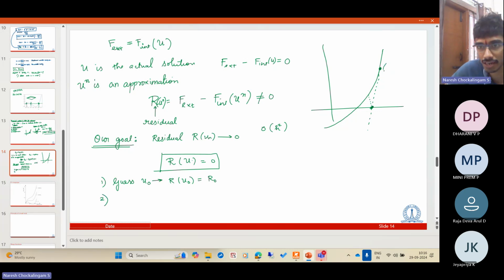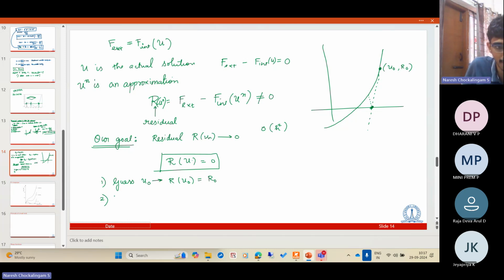Now we are at this point. We should predict the direction in which we should go. Yes, that's correct. Direction is nothing but the tangent. You are drawing a tangent there and seeing where the tangent hits. So you're initially at this point, then you want to draw a tangent with the slope of this function.